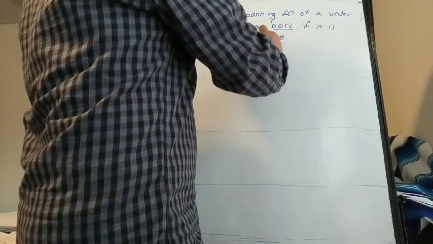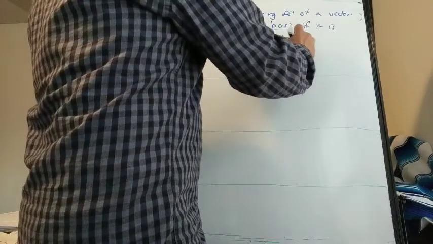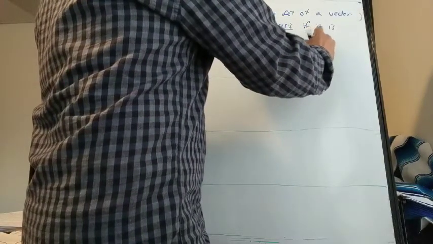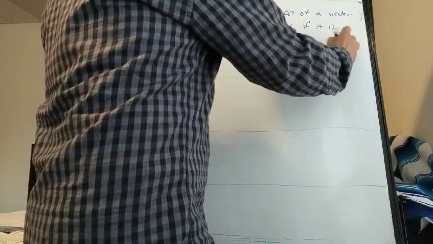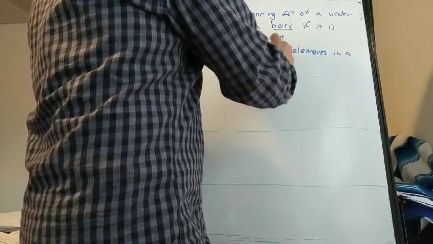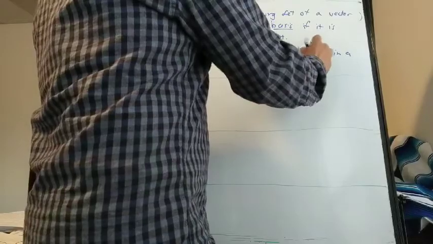And we call the number of elements in a basis the dimension of the vector space V.